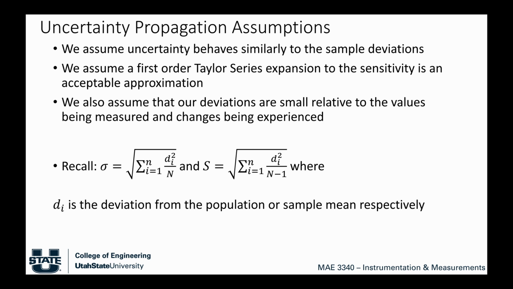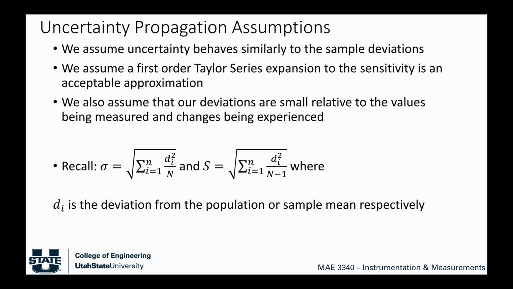We also assume that our deviations are small relative to the values being measured and the changes being experienced. So that means if we have a deviation that is almost the same size as the variable that we're measuring, then this is no longer a great method for propagating all the errors through.